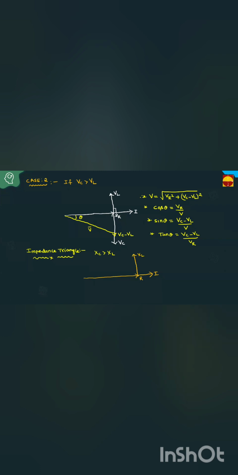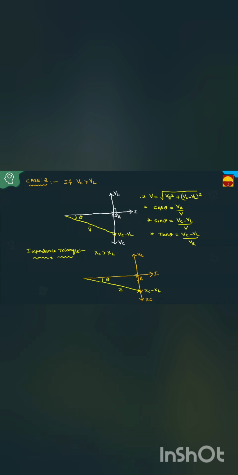The XL vector is leading, the XC vector is lagging. You take this as the large vector because XC greater than XL. Then this is XC minus XL, because XC greater than XL. Then the resultant is this impedance. And this angle is theta.